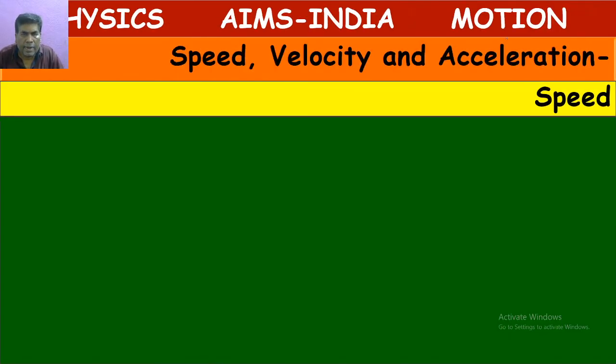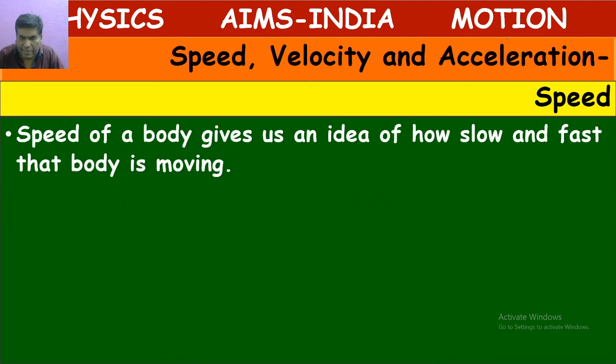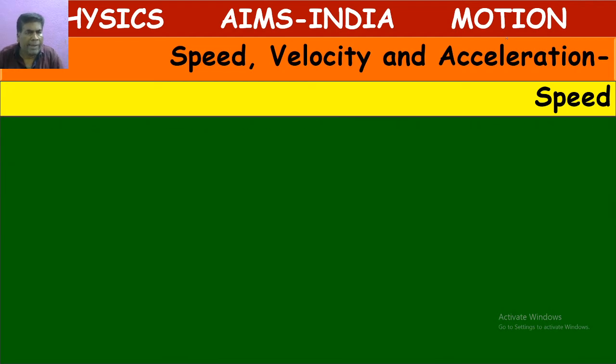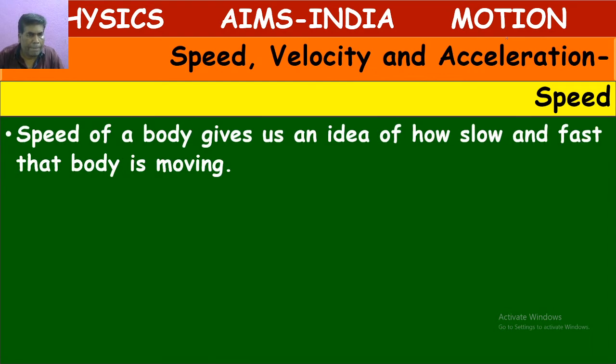Okay, let's learn about these terms: speed, velocity, acceleration. Already you might have learned this in 6th class and 7th class. Again, in 9th class we have a repetition of these topics. Speed. So what does speed tell?